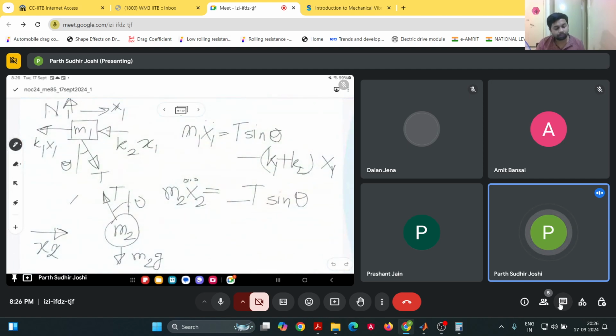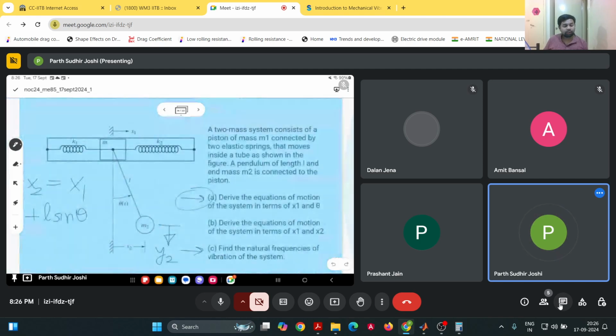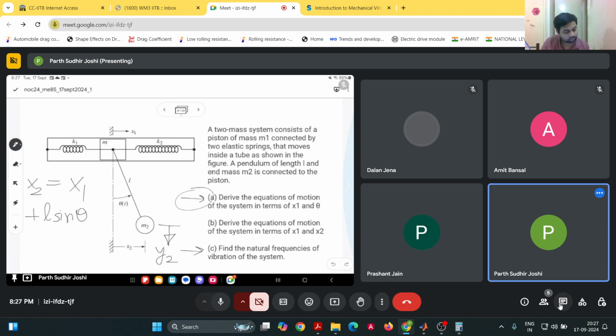So in the y direction, m2 y2 double dot is equal to T cos theta minus M2 G. Now geometrically, what is this displacement y2? It will be L cos theta, right?